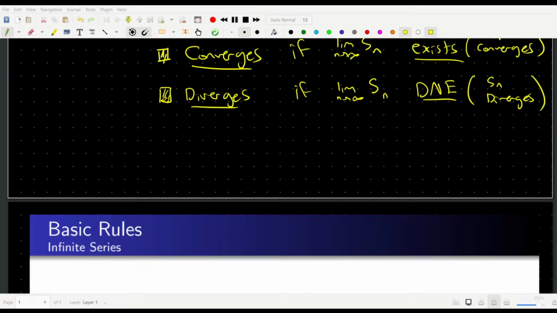These rules come directly from our rules for limits of sequences, and because we've defined the convergence and divergence of an infinite series in terms of the limit of the sequence of partial sums, it makes a lot of sense that these rules are coming directly from our rules for limits of infinite sequences.